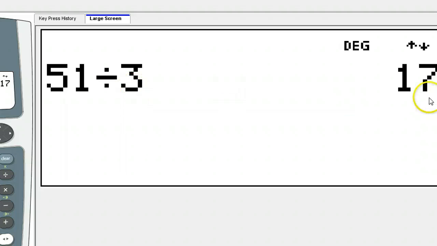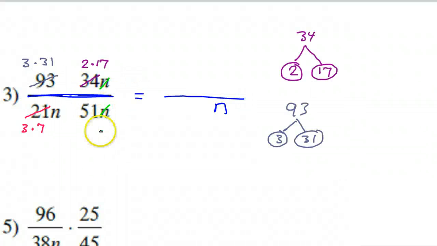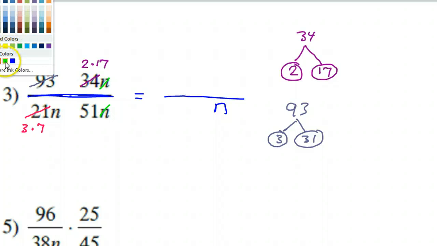That means 3 times 17 is 51. So the prime factorization for 51 will be 3 times 17.